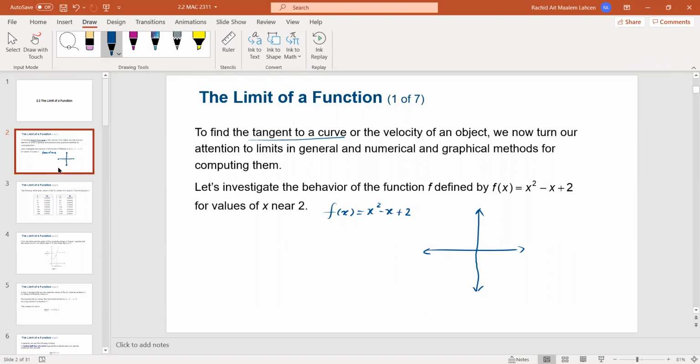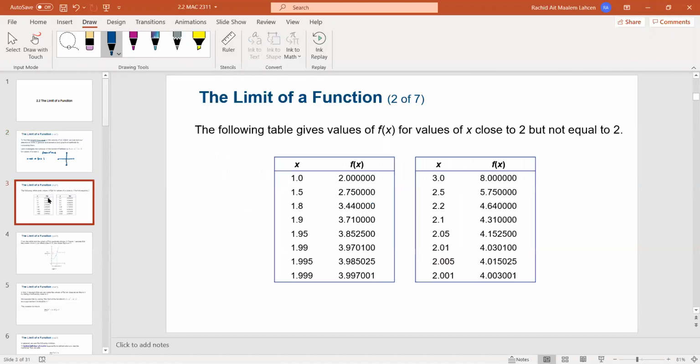You can see if x is near 2, which means from both sides, from the left side and the right side, what happens to the value of f of x? What does it approach? That's one question. Let's investigate first by the table.